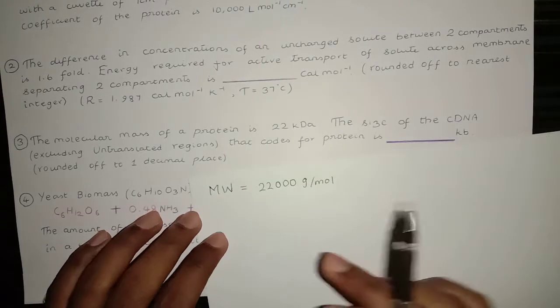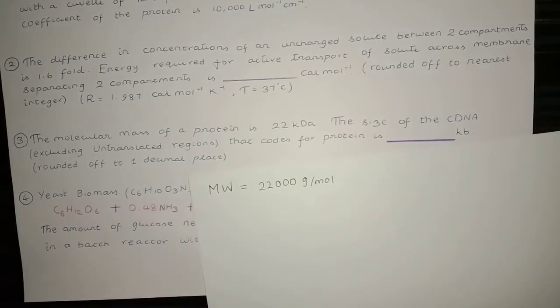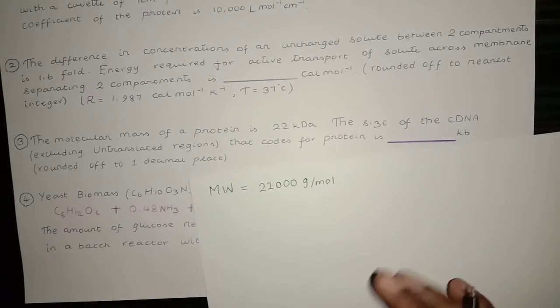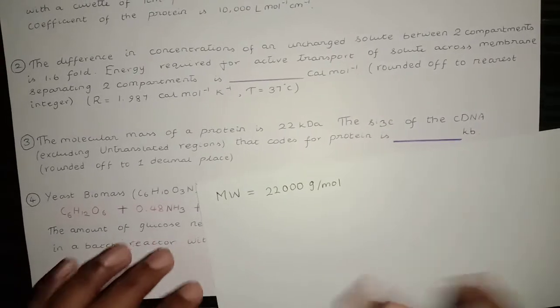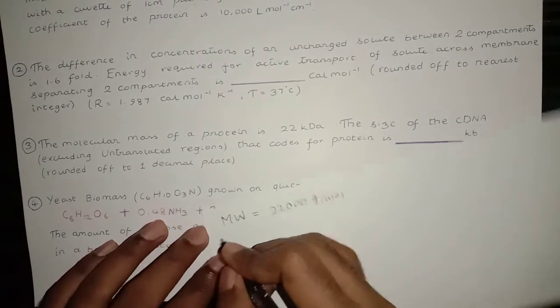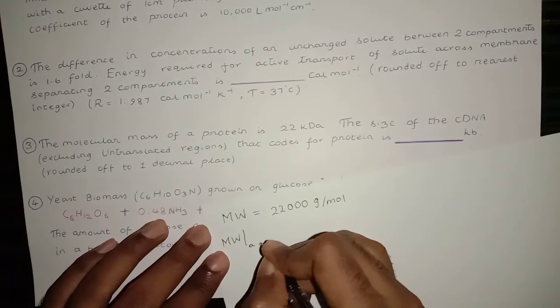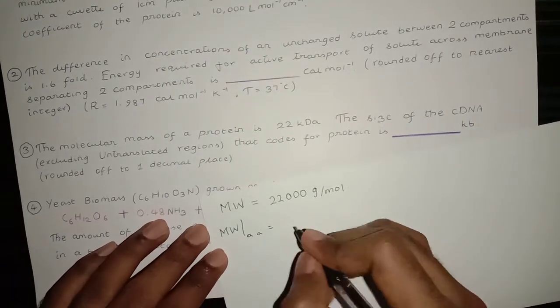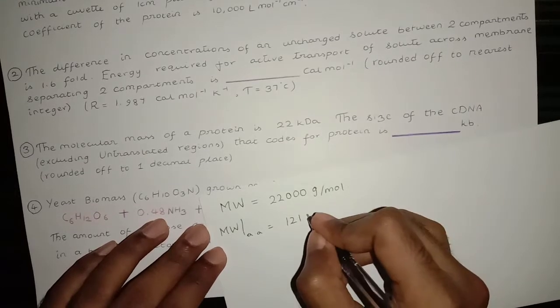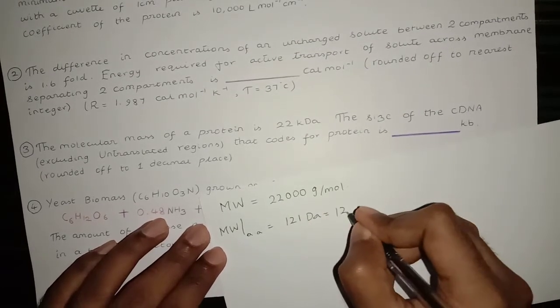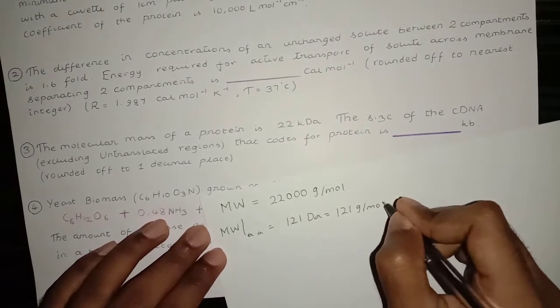and the size of the cDNA has to be found. So we know the mass, that is the molecular weight of one amino acid, on average it's 121 Dalton, 121 gram per mole.